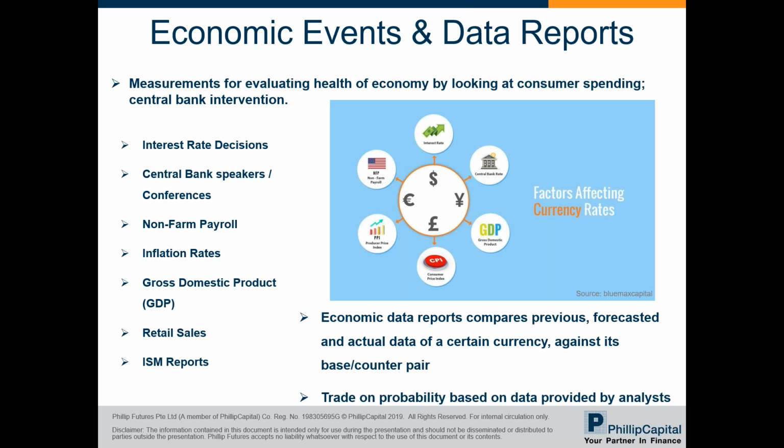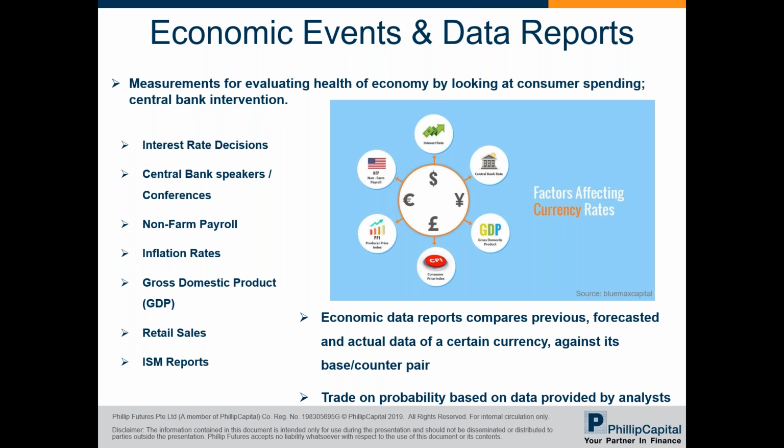So the economic data report compares previous, forecasted, and actual data of a certain currency against its base or counter pair. So if, let's say, you're trading the dollar yen, it'll be the US dollar against the yen. Basically, you trade on a probability based on the data provided by the analysts.